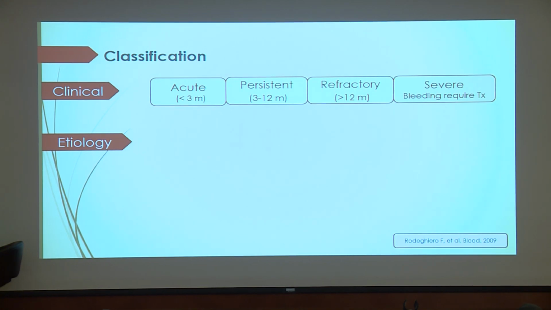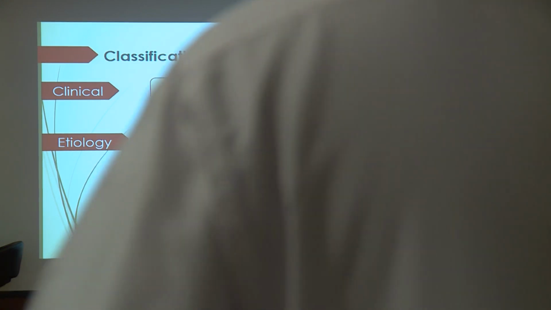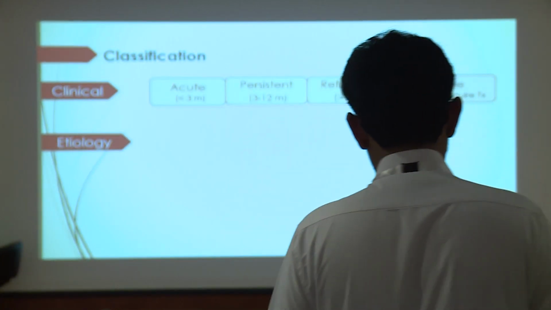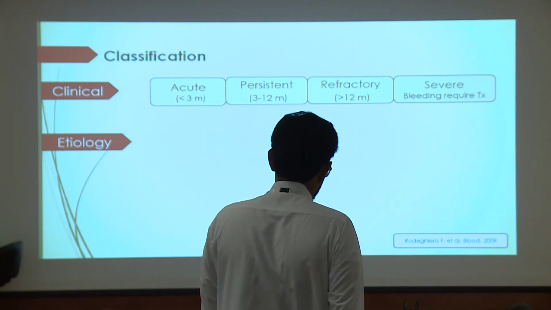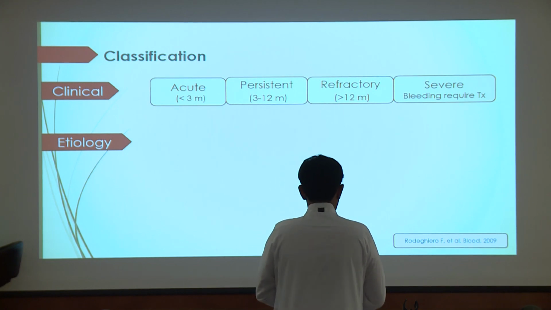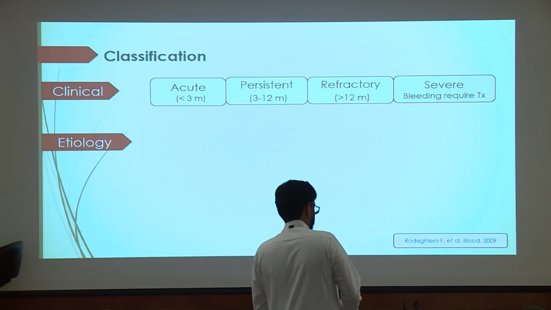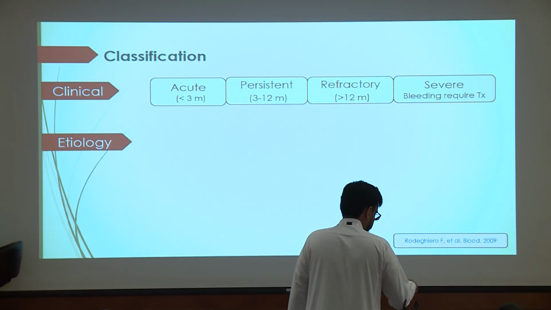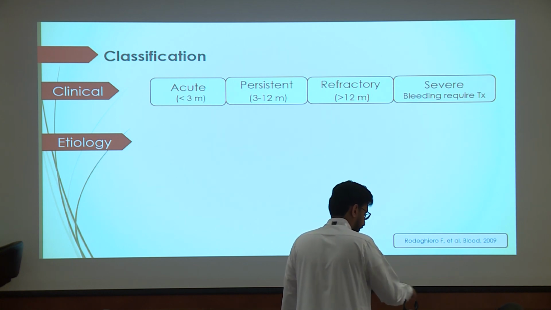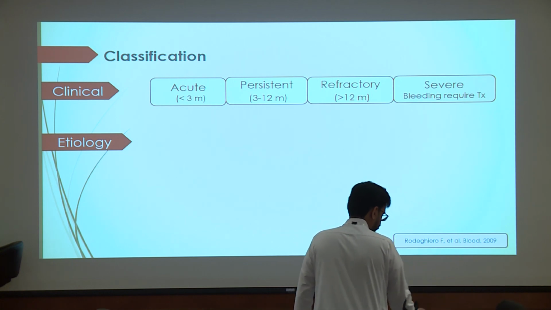The classification of ITP can usually be done according to clinical schemes or etiological schemes. A newly diagnosed patient will be labeled as acute ITP if the time lapsed is less than 3 months.